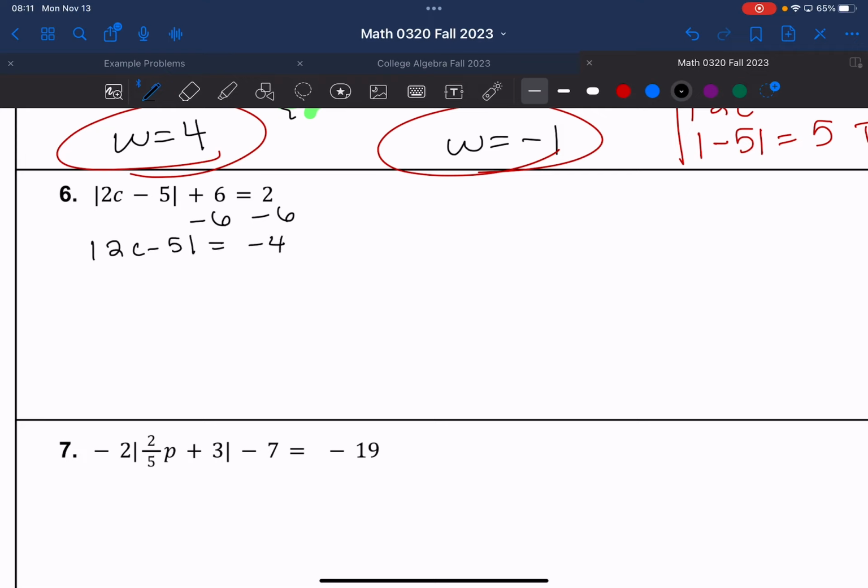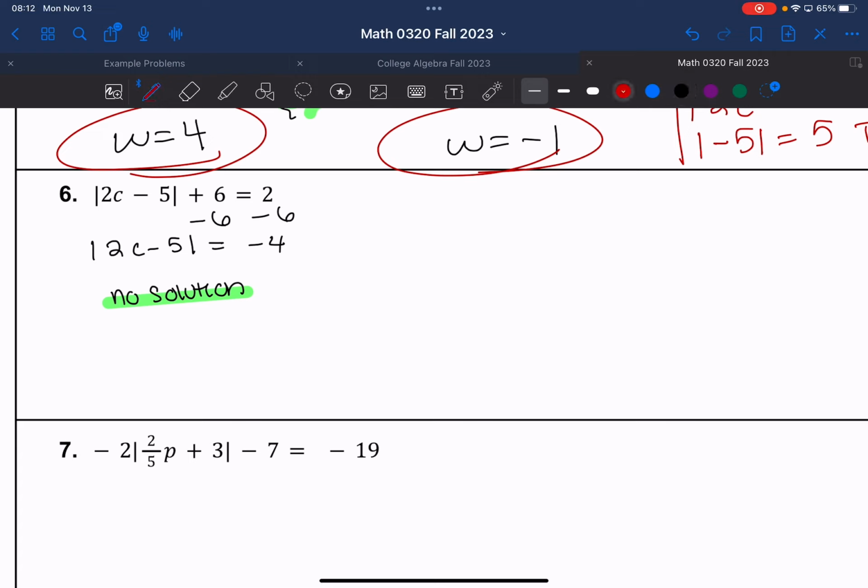So am I going to be splitting this into 2 equations, or am I going to say that the answer is no solution? No solution. Why? Good, because we have an absolute value that is equal to a negative number, and we cannot have that.